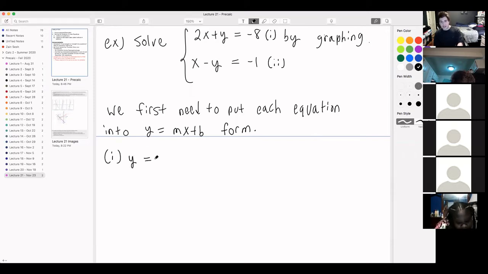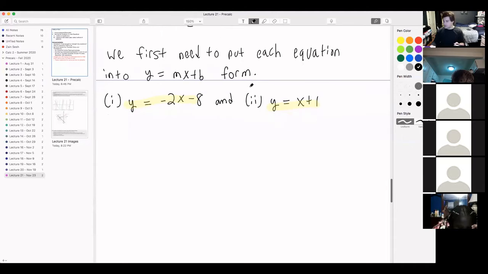It's y equals negative 2x minus 8. And how about equation 2? Well, that's really not bad. That's just y equals x plus 1. So they are both in y equals mx plus b form, and now graphing is a simple task.